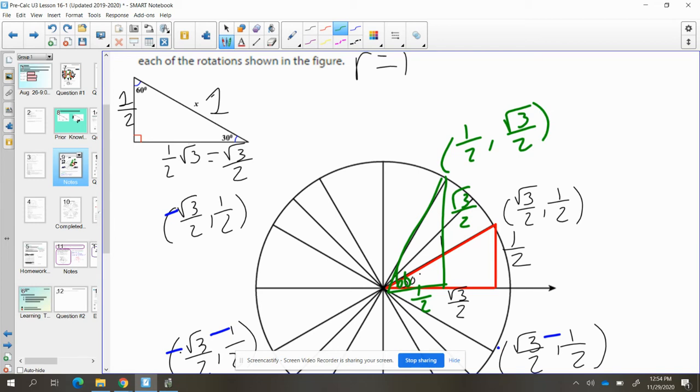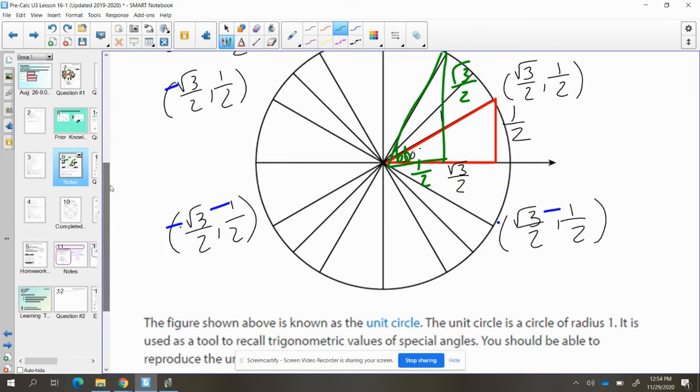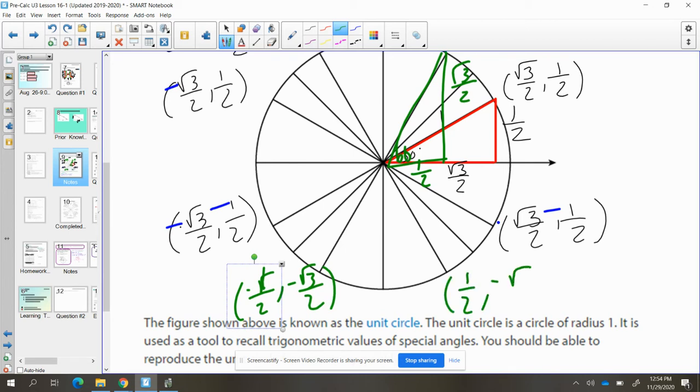But again, as you move around the circle, these are all the same values at the 60-degree or pi over 3 markers. The only difference will be each time where your negative value goes in all of these. And in this case, everything is 1/2, square root of 3 over 2, and then 1/2, negative square root of 3 over 2.